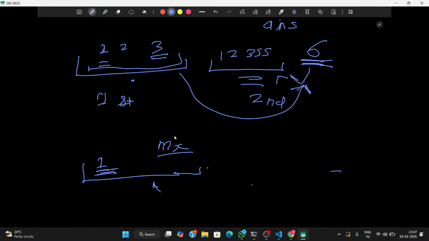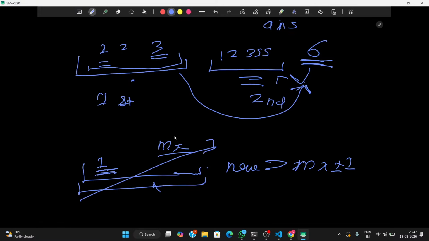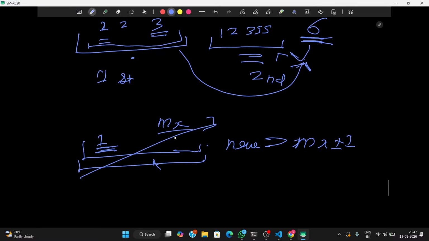The problem will occur whenever a new element greater than mx plus 1 occurs. In that case, we cannot continue this segment, so we will simply break it. We will move to the segment that was before it and has not been broken till now.